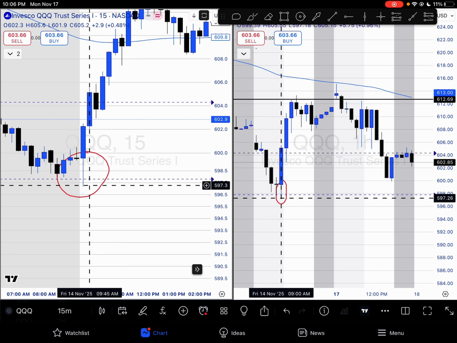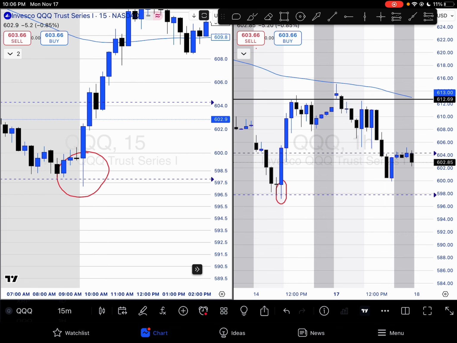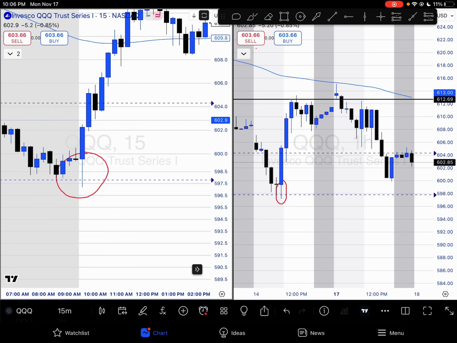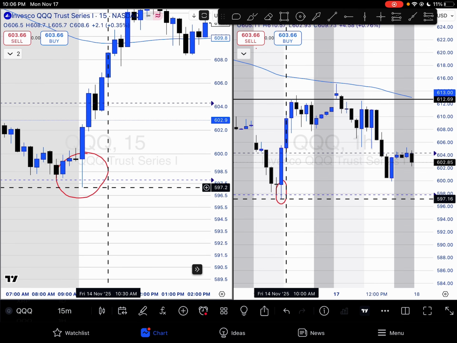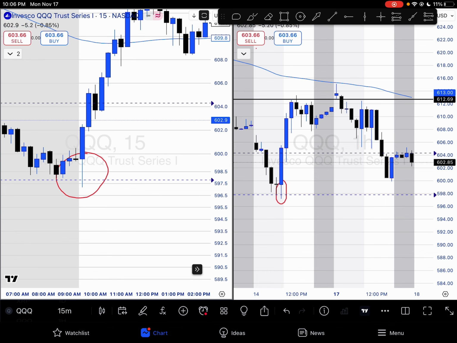So this is 597, 599. So it's about $3 of movement, a little bit over $3, about $3.30 of movement in just the wick, which is insane. So that's why I say this is a very strong rejection.